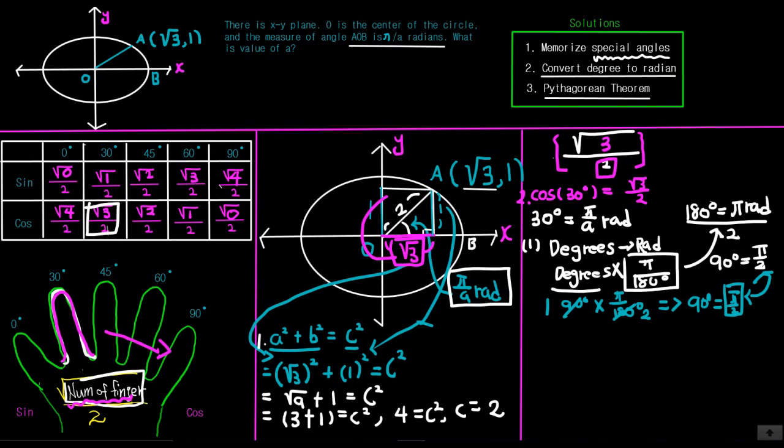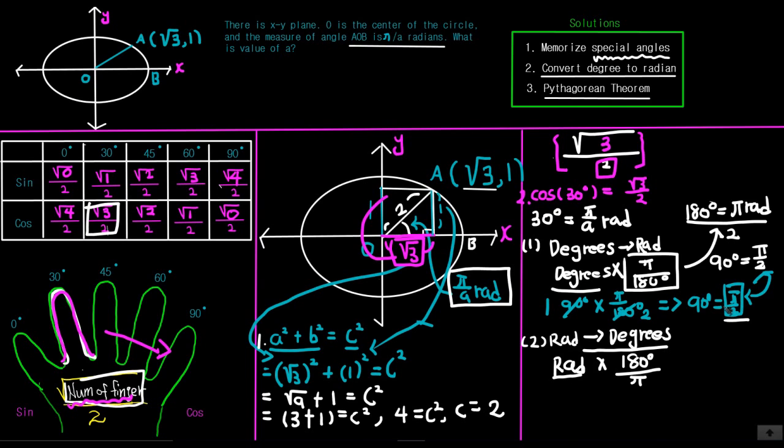And let's think about the second case where we convert radians to degrees. For radians to degrees, we multiply by the reverse of pi over 180 degrees to go to degrees. So the reverse of pi over 180 degrees is 180 degrees over pi. Let's think about radians, which is pi over 2.